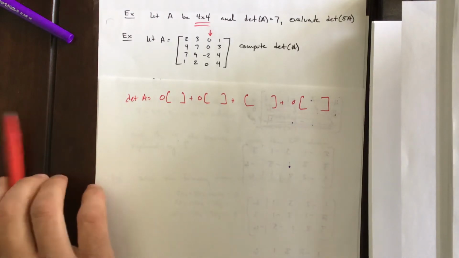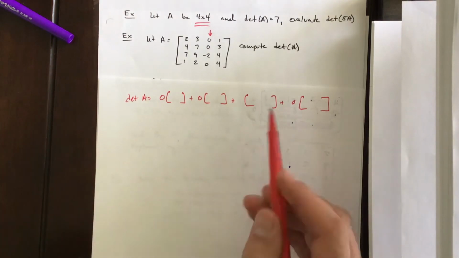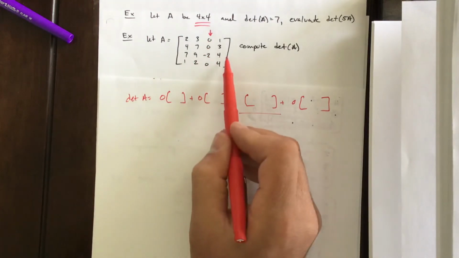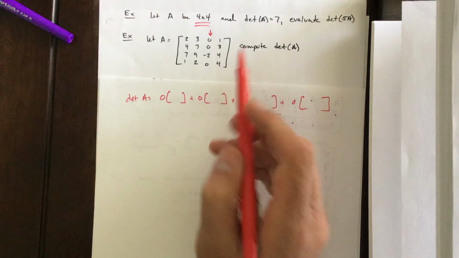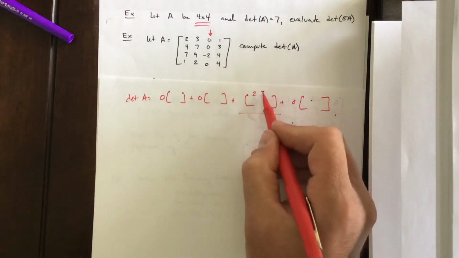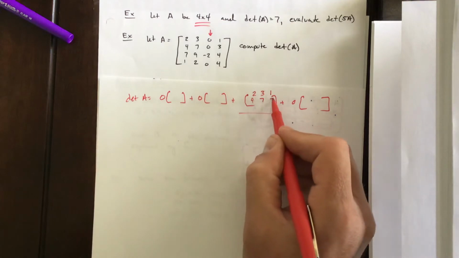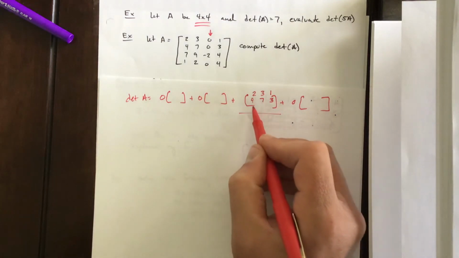It's only the third one that's not. And so when you cross out the row and the column that the third one is in, you're left with the matrix 2, 3, 1, 4, 7, 3, and 1, 2, 4.